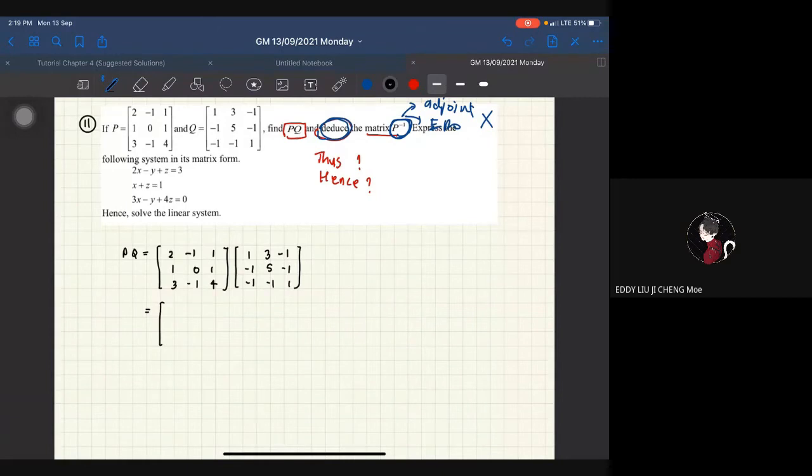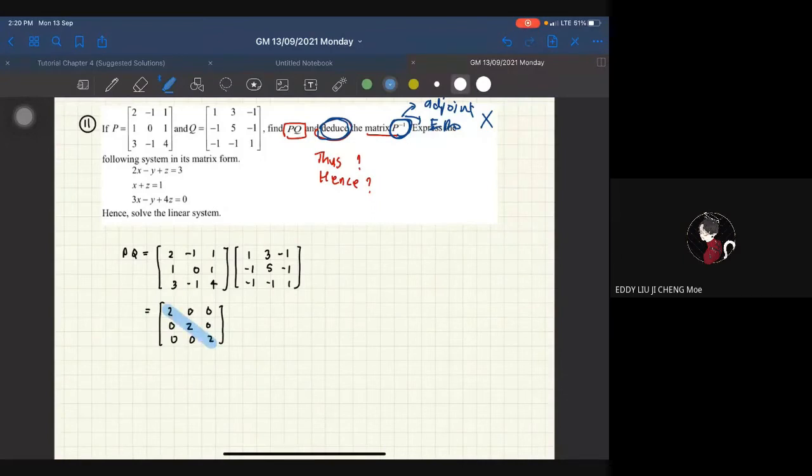Okay. So maksudnya awak dapat macam ni kan? 2, 0, 0, 0, 2, 0, 0, 0, 2. Okay. So kalau awak tengok dekat diagonal kita ni, kita ada 2. And the rest are just 0.